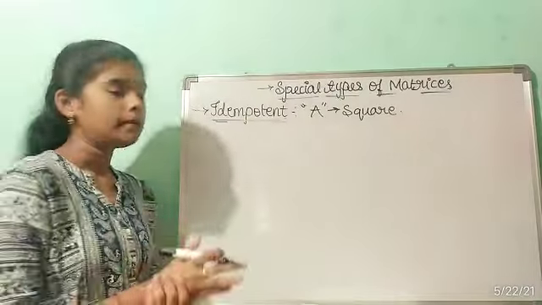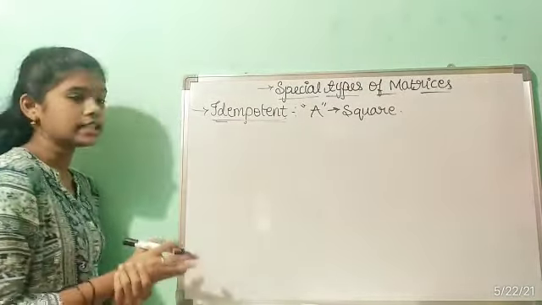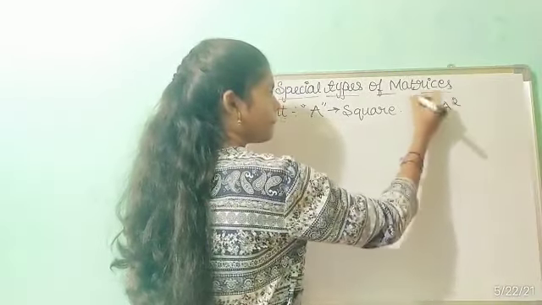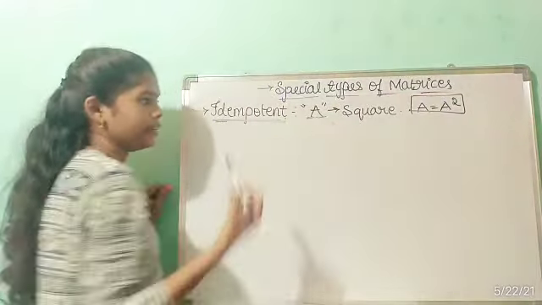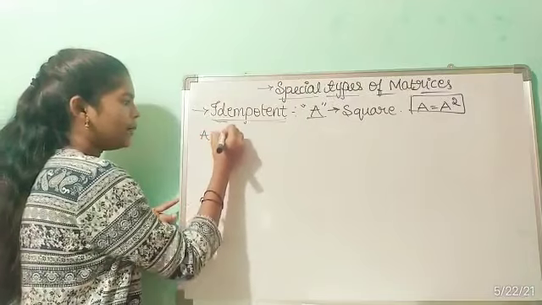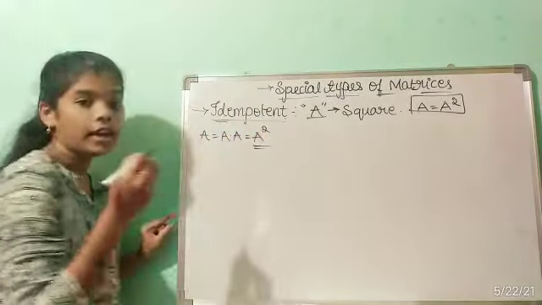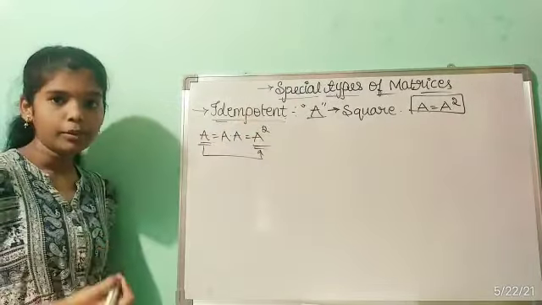Now, if a square matrix A belongs to idempotent matrix, then what is the condition? A is equal to A square. When any matrix such as A is given, if we multiply A matrix 2 times, it will be A square. If A square is equal to matrix A, then it is known as idempotent matrix.